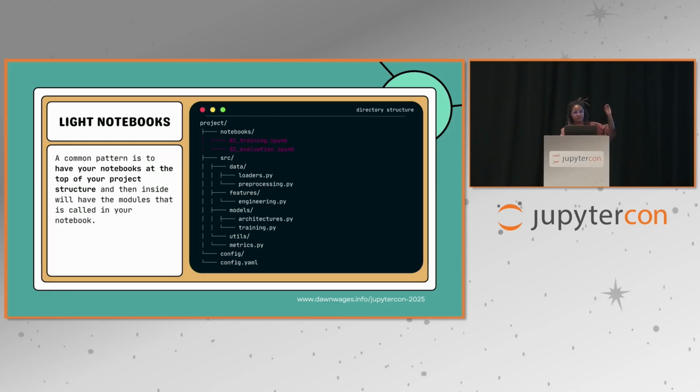So a common directory pattern is having your notebooks at the top, and then having very little in them. So when you want to go searching for the very well-named tool, you'll be able to go into your source code and then click around and find the module. Again, separation of concerns makes it easier for you to find and deploy.